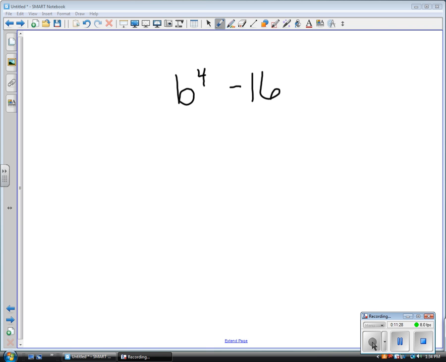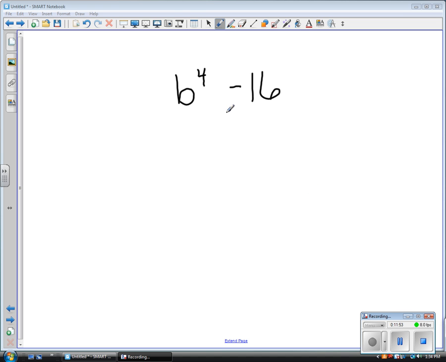Alright, what was the hint? Anybody get an idea when I said hint? Okay, how am I going to factor out a b? Are you saying I'm going to factor out a b squared from both terms? I can't take out a b squared from both terms because 16 doesn't have a b squared.